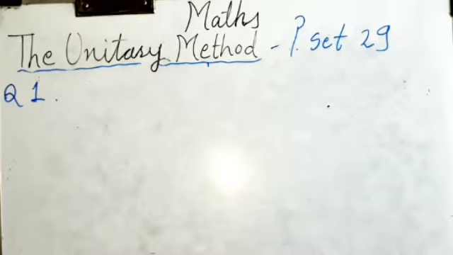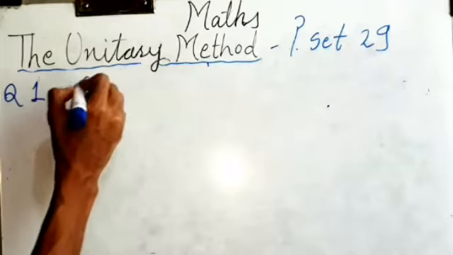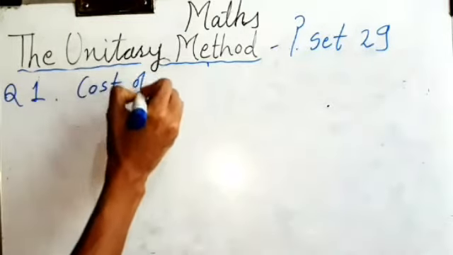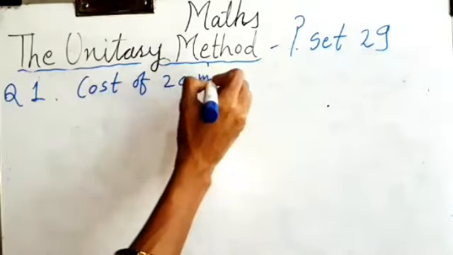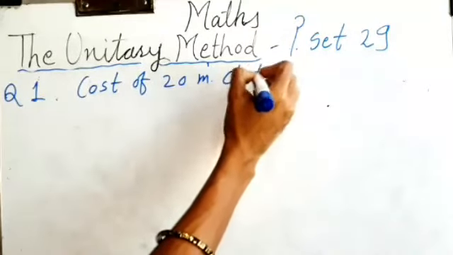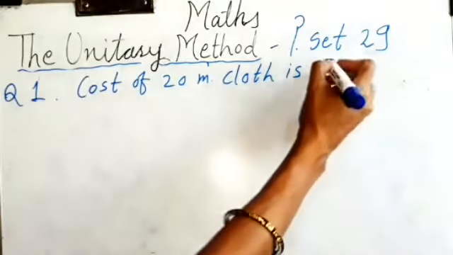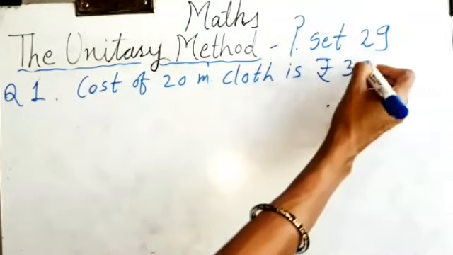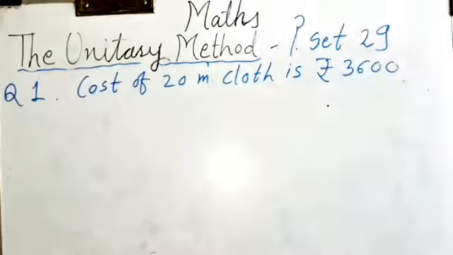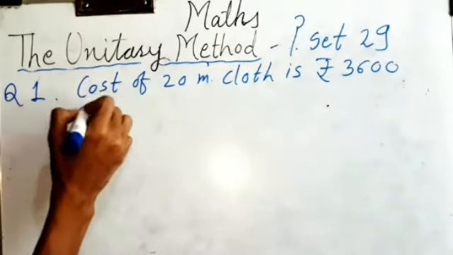So here, first write what is given. The cost of 20 meters of cloth is rupees 3600. So what is the next step?